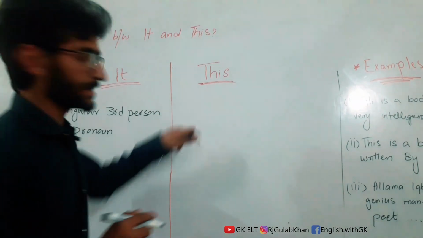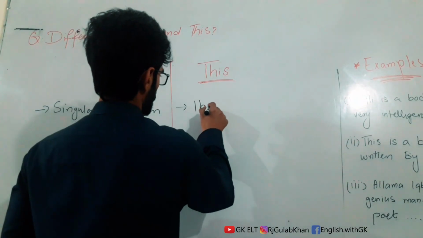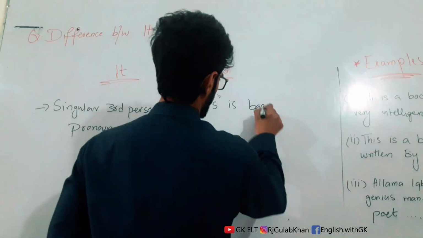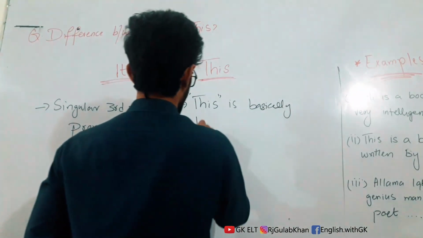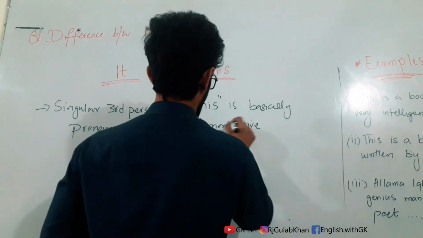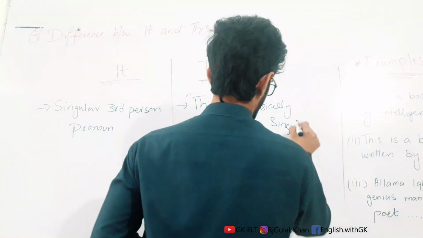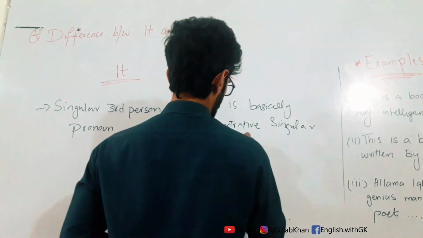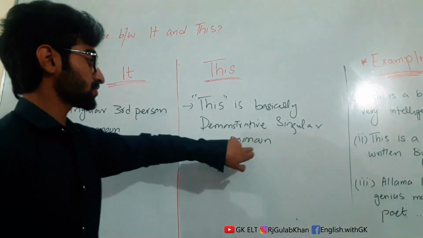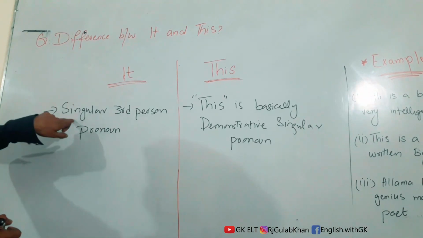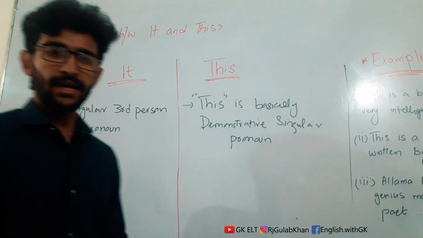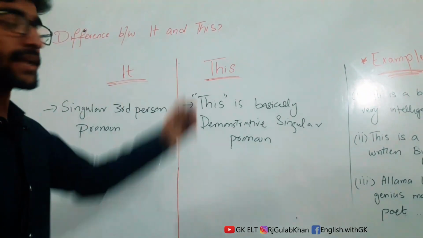If we look, on the other hand, at this, this is basically a demonstrative singular pronoun, while it is basically a singular third person pronoun. So here it is clear what the grammatical difference is between it and this.